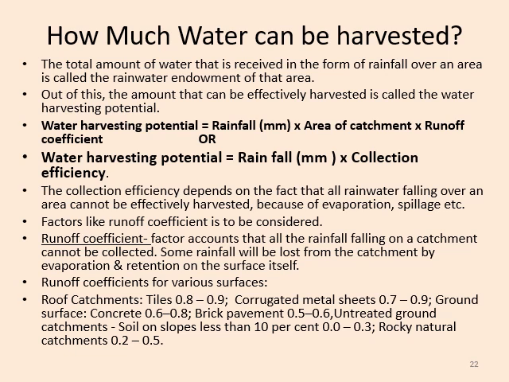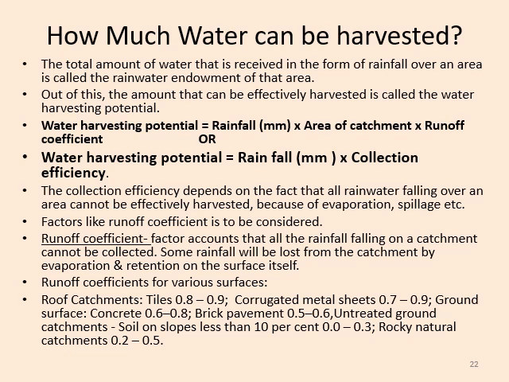The collection efficiency depends on the fact that not all rainwater falling over the area can be effectively harvested, because some of the water is lost through evaporation or spillage. So the runoff coefficient has to be considered here.